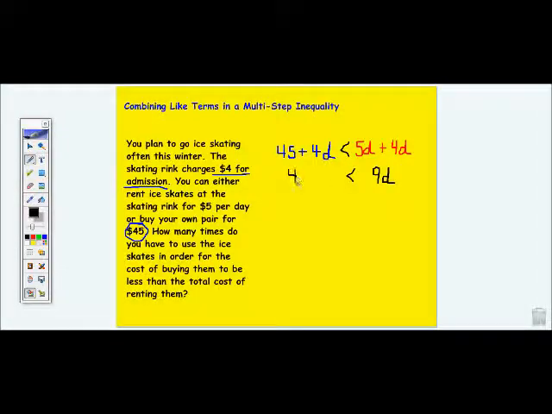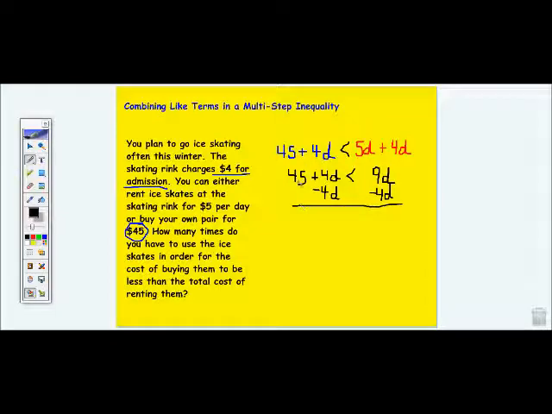And now I can start to go about combining like terms. Now I have a constant and a variable and a variable. So let's get our variables together.